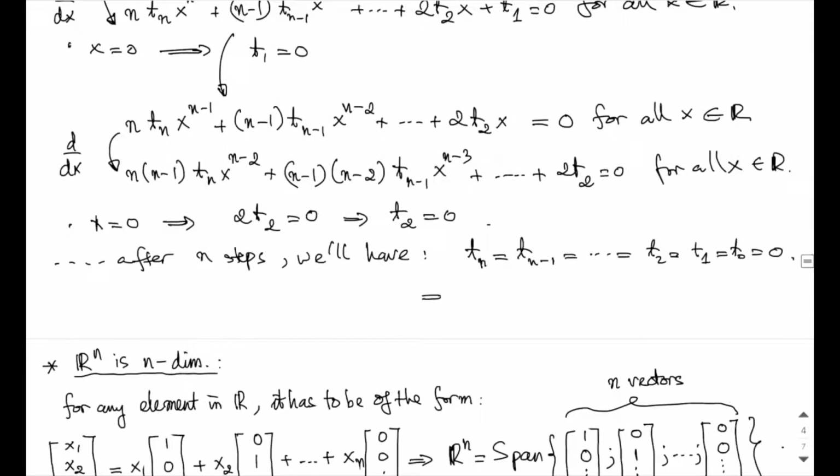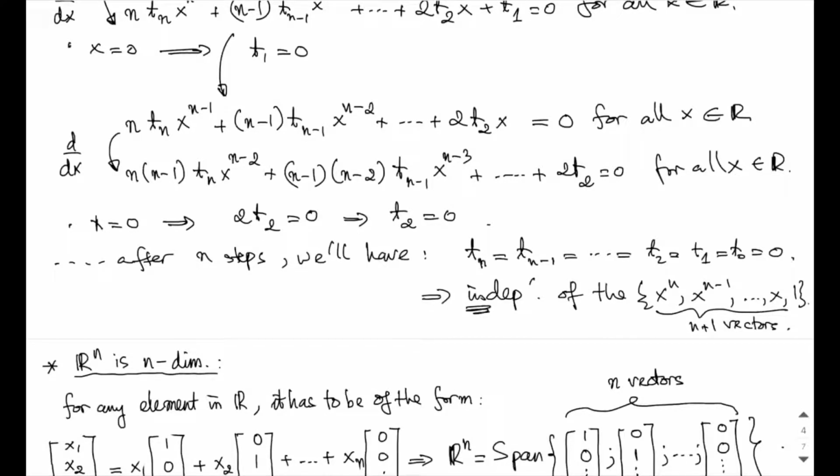In other words, it implies the independence of the collection of these vectors. And this has n plus 1 vectors in it. And it is independent. So by theorem 2.6, you can easily prove that the dimension has to be n plus 1 because we cannot span this Pn by fewer than n plus 1 vectors. And what's left is going to be an exercise for you at home.